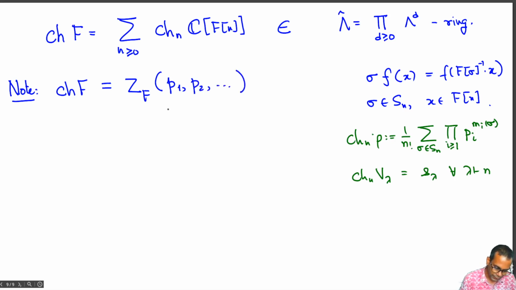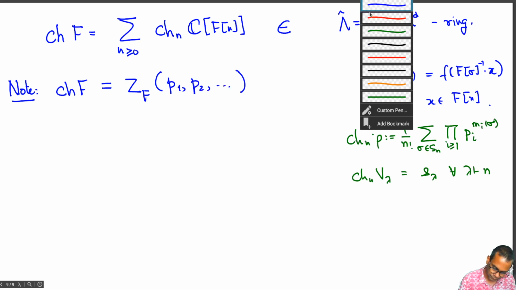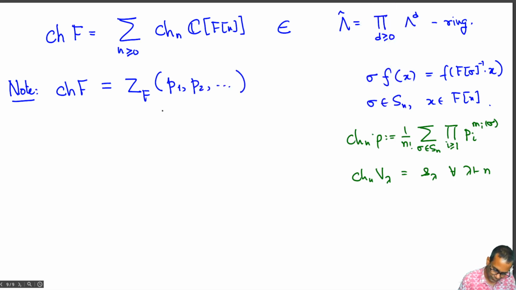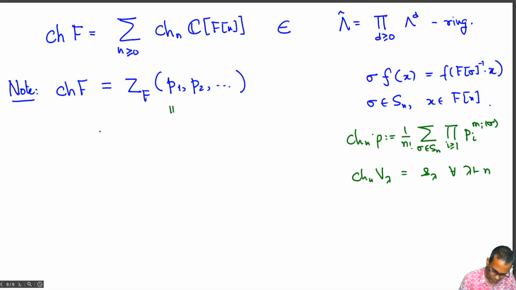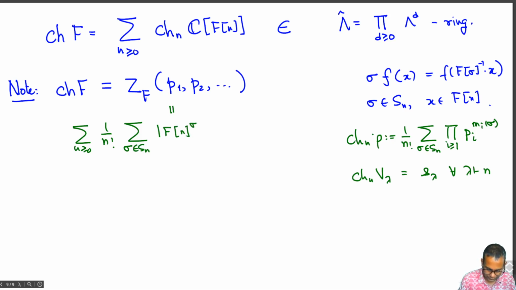Indeed, if you take this thing, then what is it? This is summation n greater than or equal to 0, 1 over n factorial, summation sigma in S_n, and then we have F_n(sigma), and then we have p_1 to the m_1(sigma), and so on.